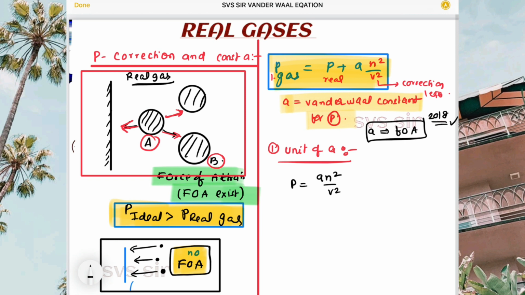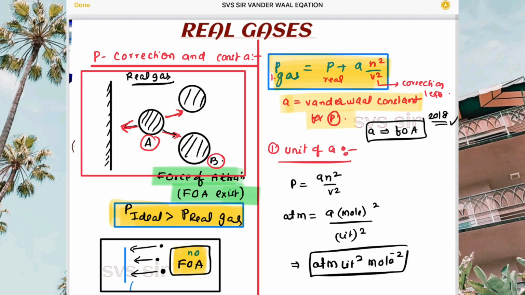Now units of a: pressure is atmospheres, n is number of moles, and volume is liters. Let us take liter square. Therefore a equal to atmosphere liter square per mole square, very important.